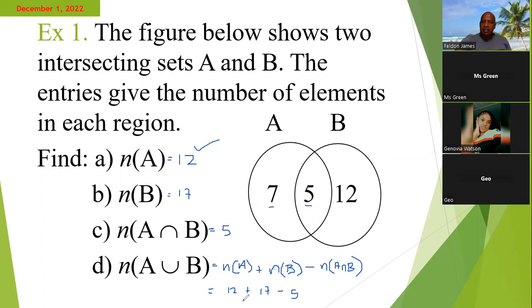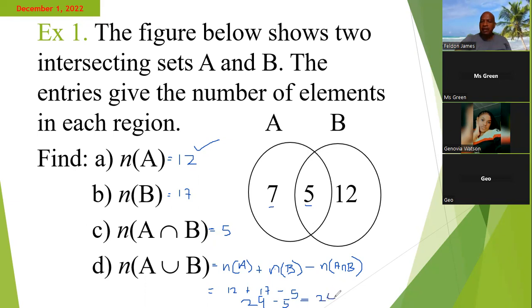So you're looking at the overall calculation, Miss Green. 29 minus 5 gives you 24. So it means that the union would work out to be 24.